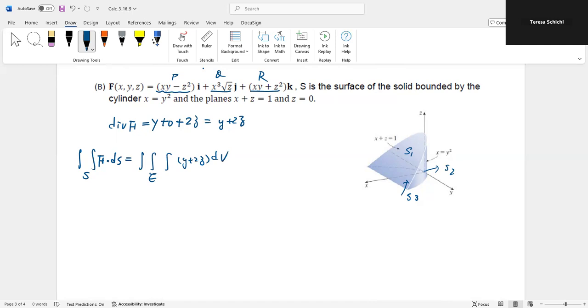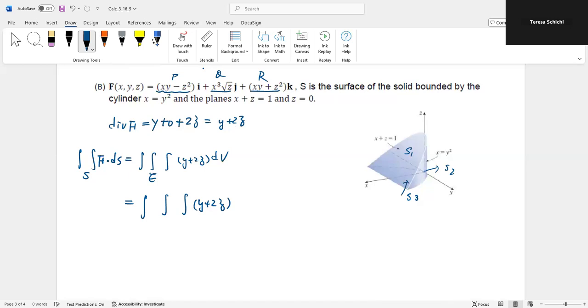All right, so now let's take a look. How do I want to put the integration bounds? This is where, in chapter 15 when we talk about triple integrations, we learn how to set the limits. So here this is y plus 2z. How about the first one?